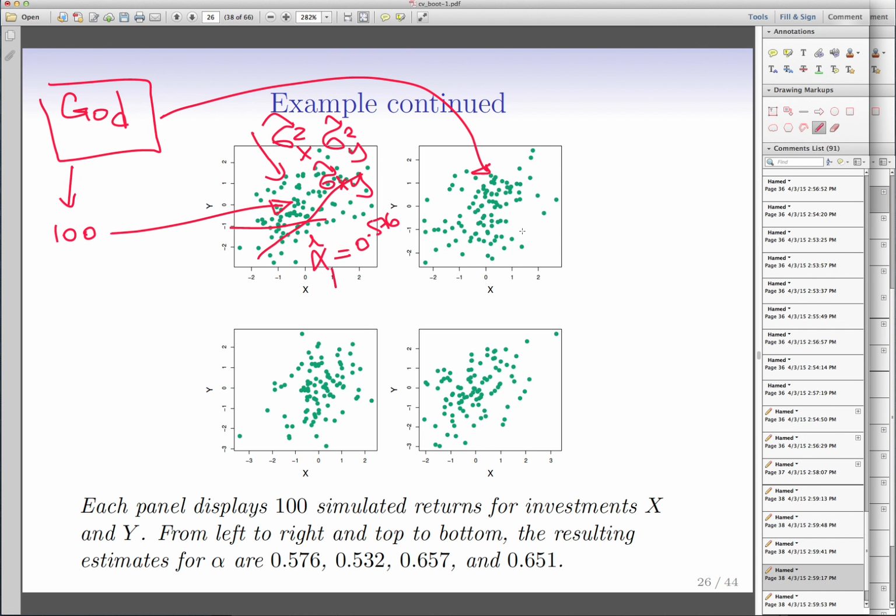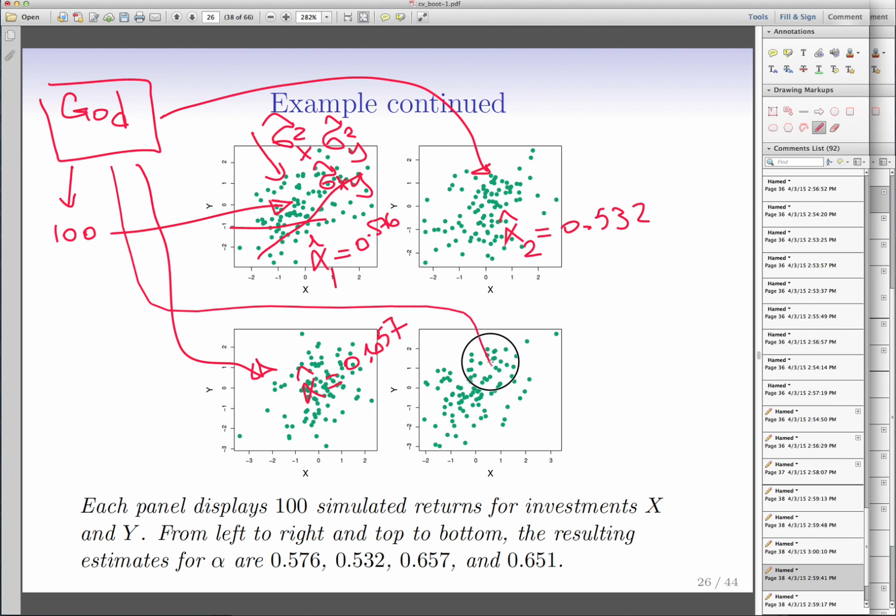You do the same thing you did earlier, and you estimate the new alpha hat 2, and this one is 0.532. You ask God to create the third one, and this is here. You estimate alpha hat from it, and you get 0.657. And lastly, you ask God to create the last one from the population. God has access to all reality because he knows the actual sigma squared x, actual sigma squared y, and actual sigma xy.